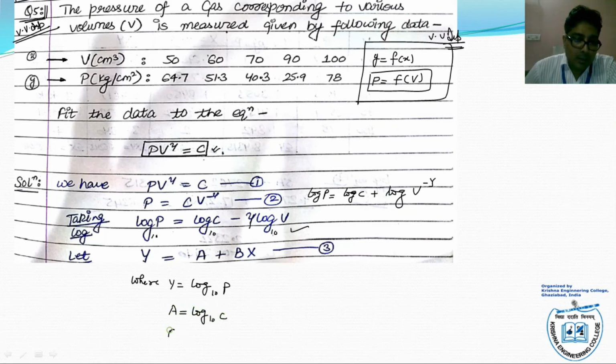And capital B is equal to minus gamma and capital X is equal to log V.